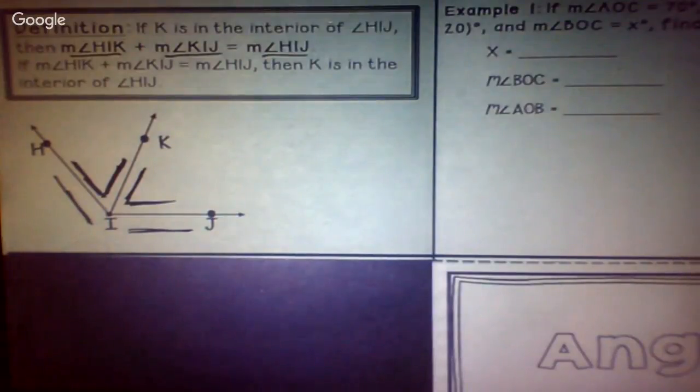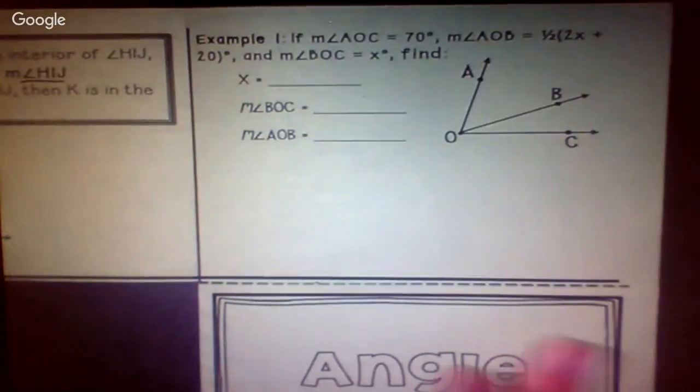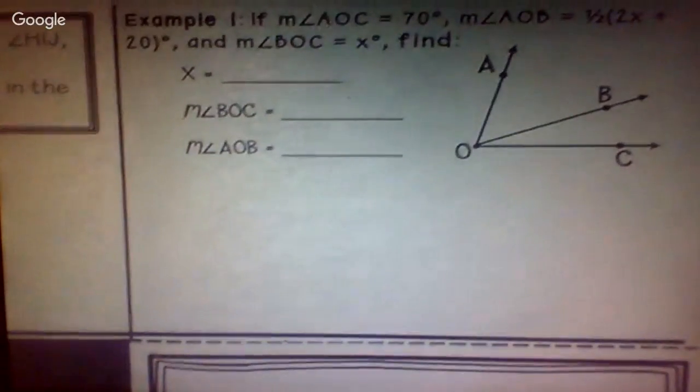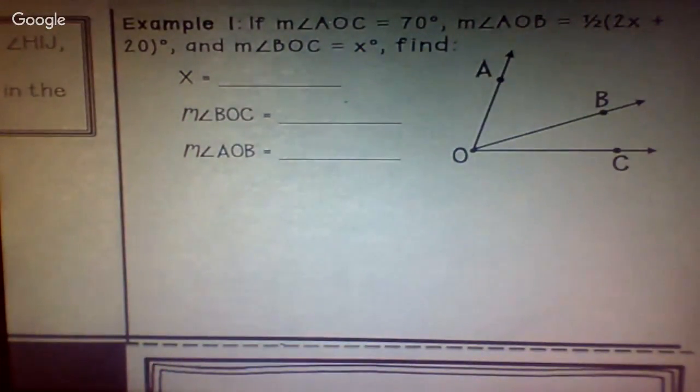So the two smaller angles on the inside should add up to equal the big angle on the outside. We've got one example that goes along with this definition. Again, I'm big on filling in the information on the picture. I like to visualize what is happening. So if you are a visual learner, I need you to do this with me. If you're not, try it anyway and see if it makes more sense to you.